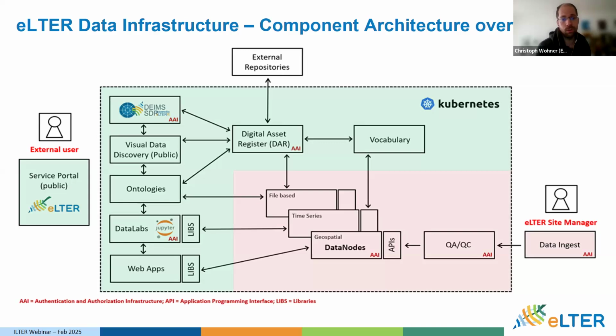We have data labs based on Jupyter environment, where data processing can be carried out. Web apps. We have a digital asset register where all the eLTER assets will be stored and accessible, and those assets can be file-based, can be time series data, can be geospatial data. And on top of that, we will have APIs, or already have a quality assurance and quality control.